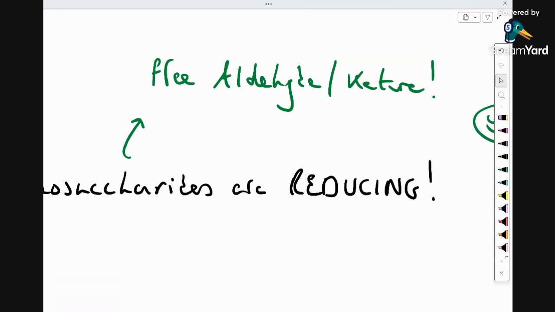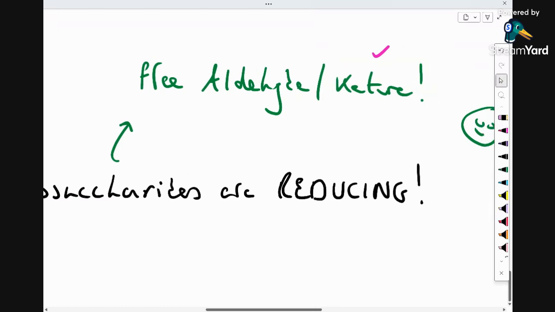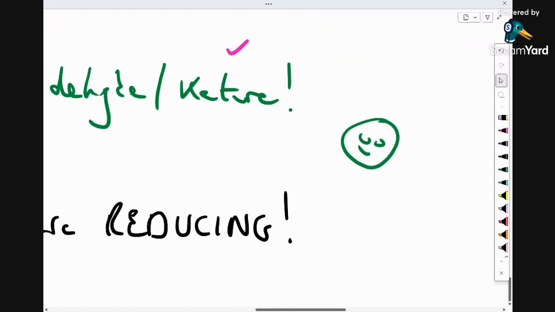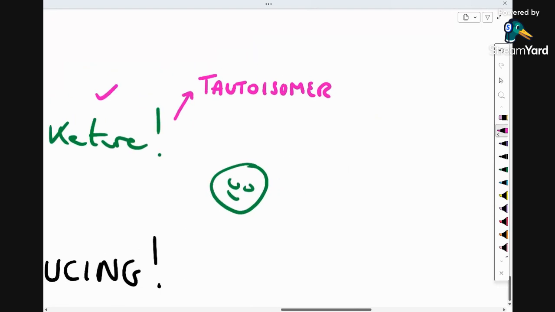There is a reason that this works. If you wish to look it up, I will just give you a hint. It's called tautoisomerization.